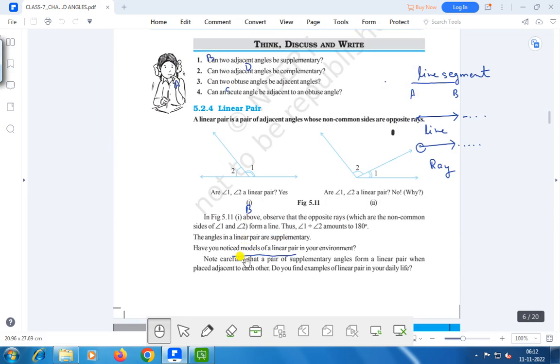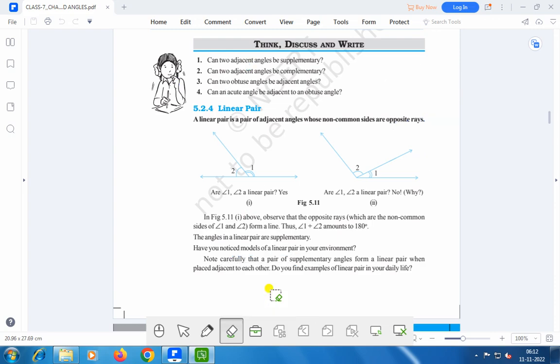Next, we'll discuss linear pair. A linear pair is a pair of adjacent angles whose non-common sides are opposite rays. A pair of adjacent angles means side by side.